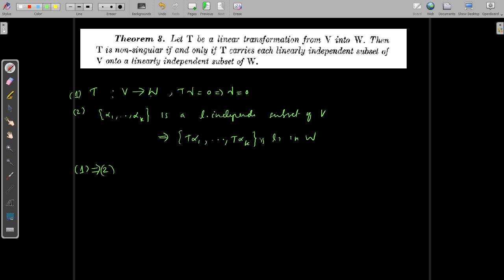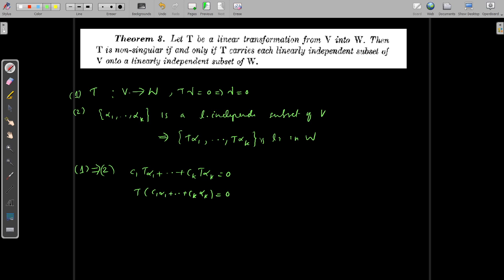So we assume T gamma equals 0 implies gamma equals 0, and we need to prove the linear independence of the image set by assuming the linear independence of alpha 1 to alpha k. Here we take C1 T alpha 1 plus etc. Ck T alpha k equal to 0. We will prove that each Ci is equal to 0. To prove this, we write it as T of C1 alpha 1 plus etc. Ck alpha k equal to 0, since T is a linear transformation.